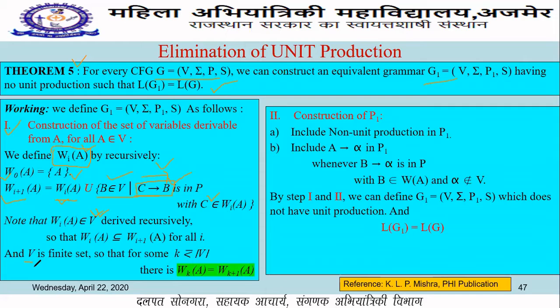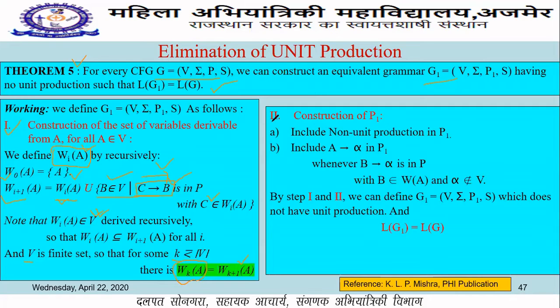So for a particular k which is less than or equal to the number of variables in the set V, we find a Wk of A which is equal to its successor, that is Wk plus 1. In that situation, Wk of A is defined as the set of all variables which are derived from A. I think you understand this. If you have any doubt, then I suggest you please listen once again, and we will discuss the same procedure with one new example in our next slide.